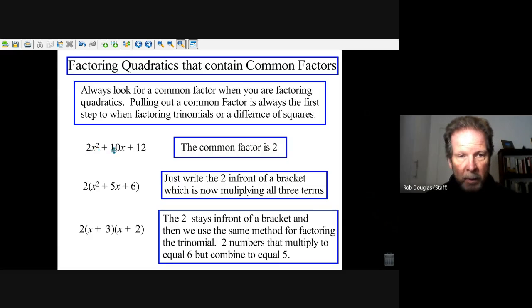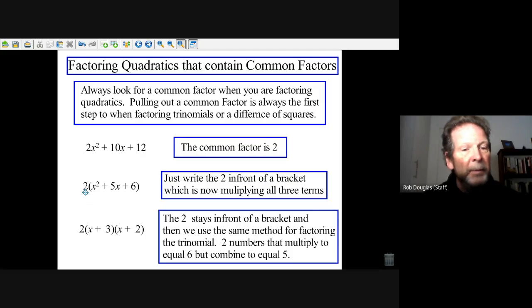Okay, so let's look at this one. You've got 2x squared plus 10x plus 12. And you just look at all three terms and think, is there a number that goes into it? You can see that 2 goes into all of these, so the common factor is 2.